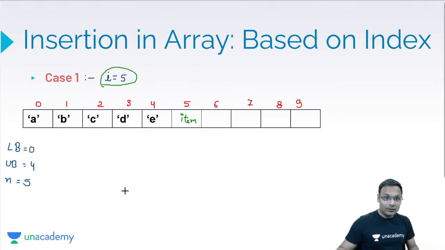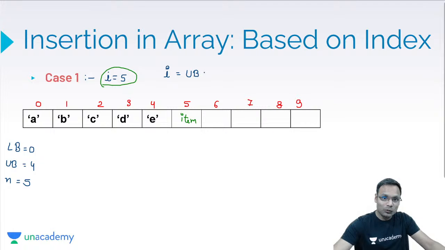So here, is there any shifting needed? No. Case 1, when I equals 5, or in a more generalized manner, I is equal to upper bound plus 1. If the index I is given as upper bound plus 1, the largest possible value, there is no shifting of elements required.